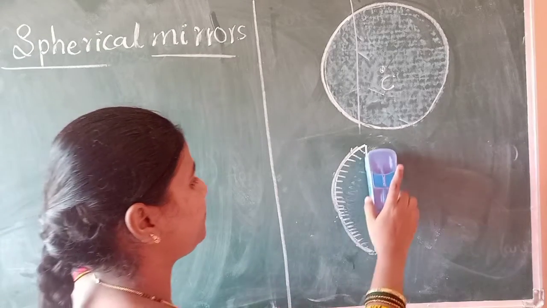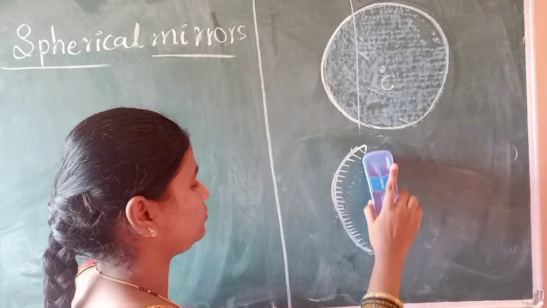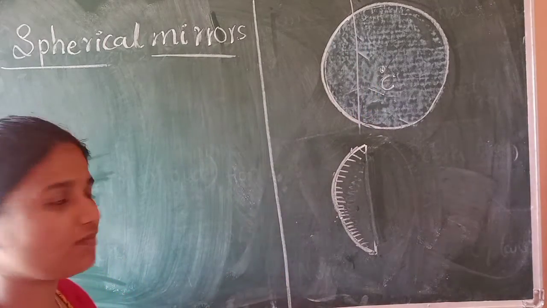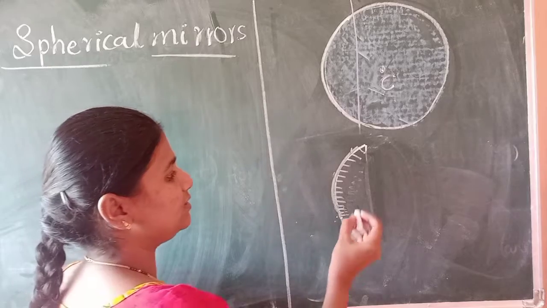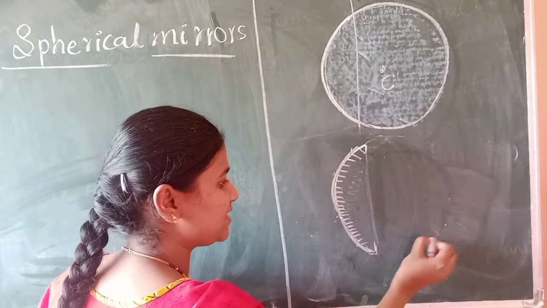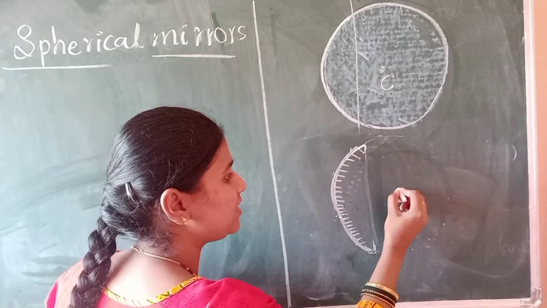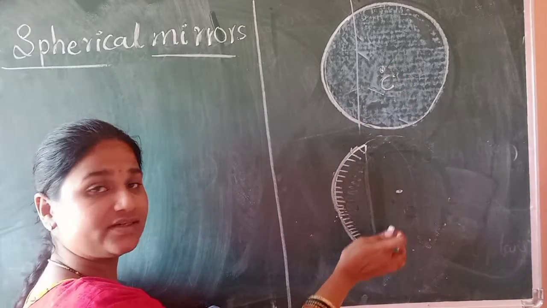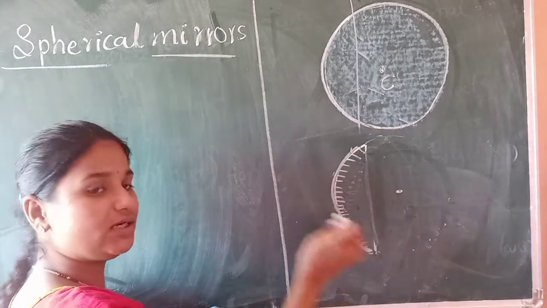Now we know that this curved surface is a part of this circle. So when we consider this as a part of a circle, it will have a center. The center is the center of the circle from which we took this curved surface.